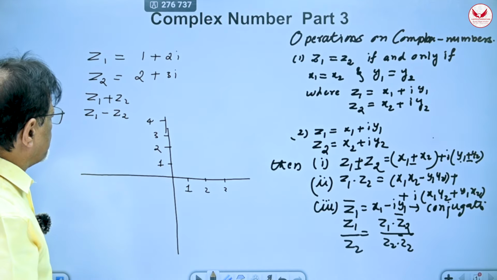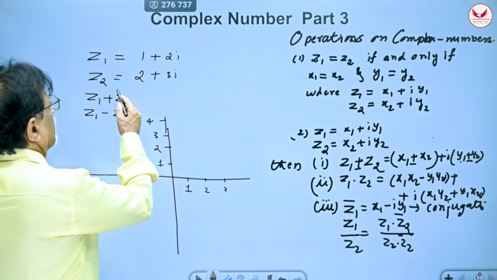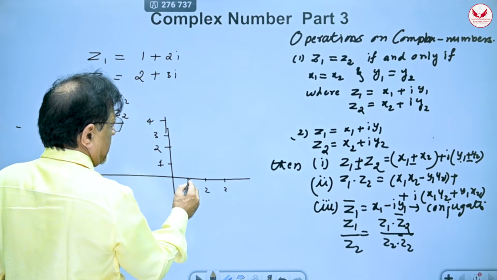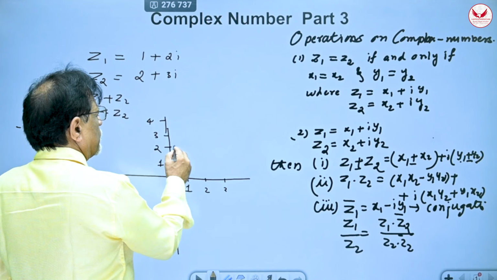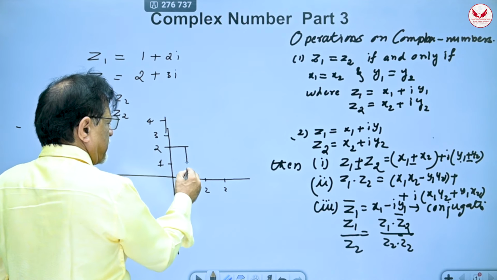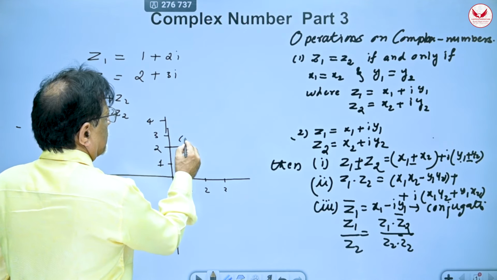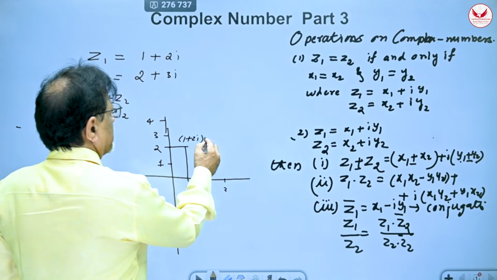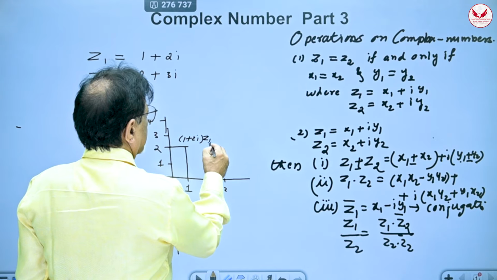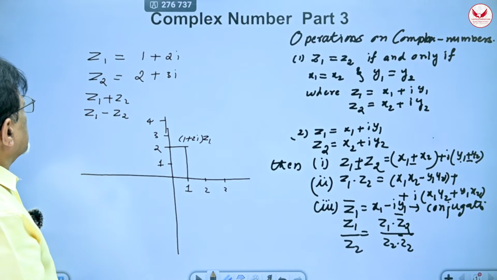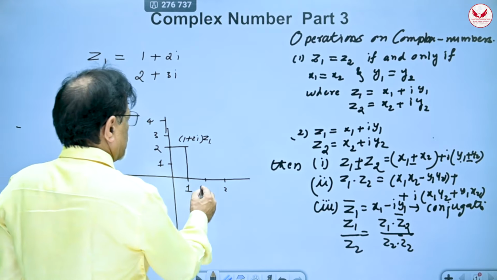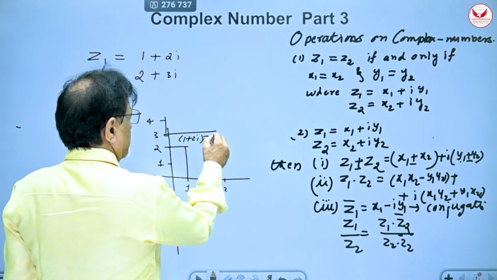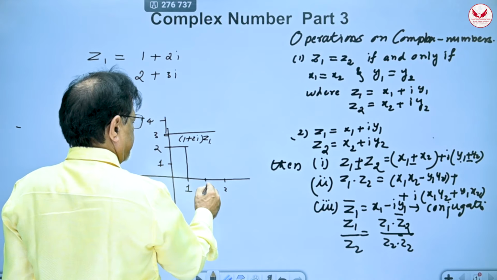Correct? So I want a number called z1, which is 1 plus 2i. 1 plus 2i means x coordinate is 1 and y coordinate is 2. So it will be exactly at the intersection, and this corner will give me 1 plus 2i. So this is z1. Now 2 plus 3i. 2 will be here and 3i, so it will be somewhere here. So this is 2 plus 3i.